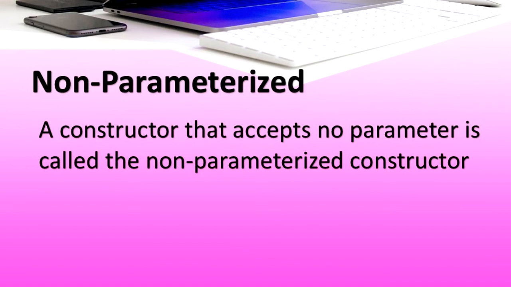A method groups Java statements and has void or a valid return type. The next one is the name and execution. A constructor has the same name as the class and is called at the time of object creation. A method can have any name except the class name, and is called when a function call for the specific method is encountered. Method calls are to be specified in a program. These are the differences between constructor and methods.